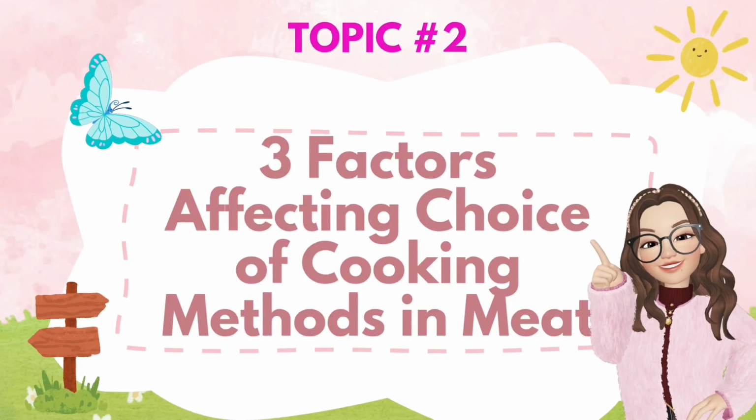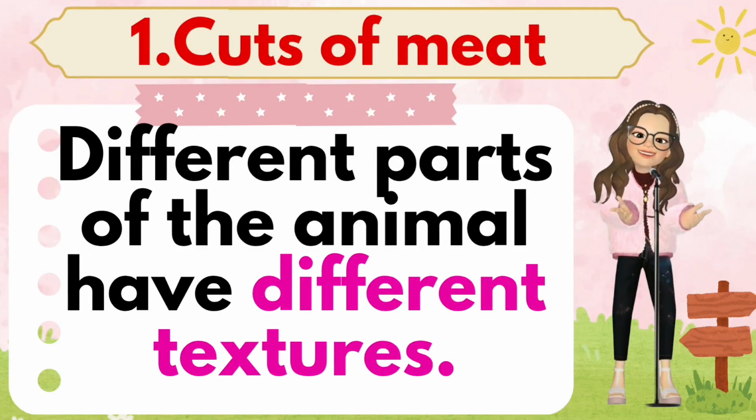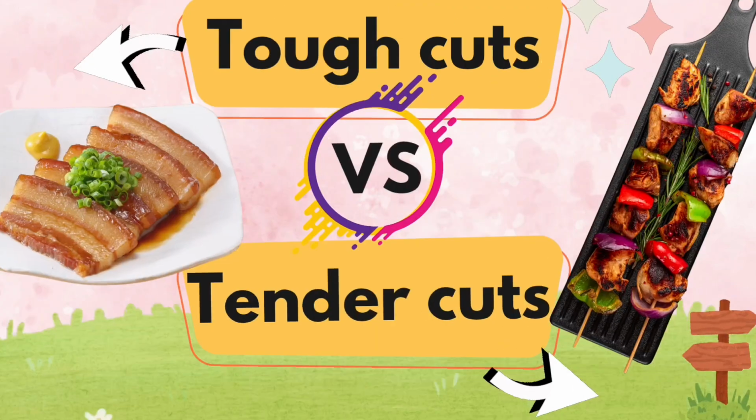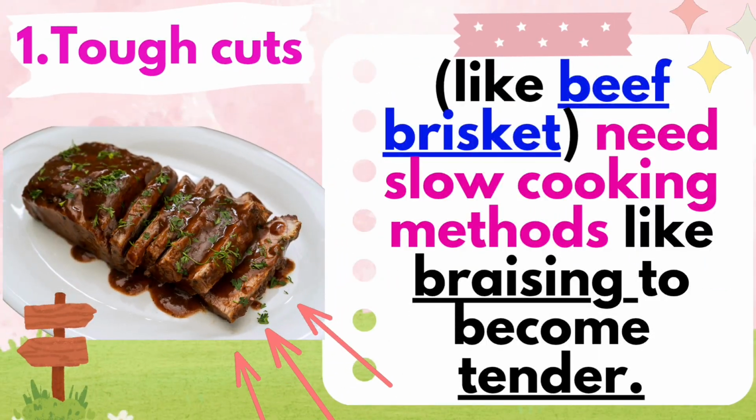Topic 2. 3 factors affecting choice of cooking methods in meat. 1. Cuts of meat. Different parts of the animal have different textures. Tough cuts versus tender cuts. 1. Tough cuts, like beef brisket, need slow cooking methods like braising to become tender.